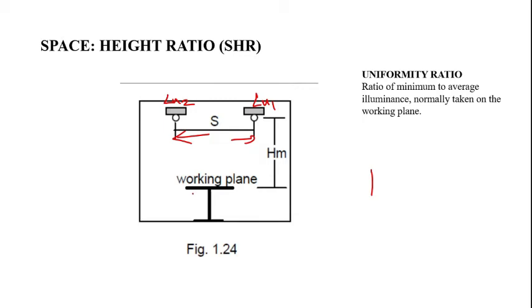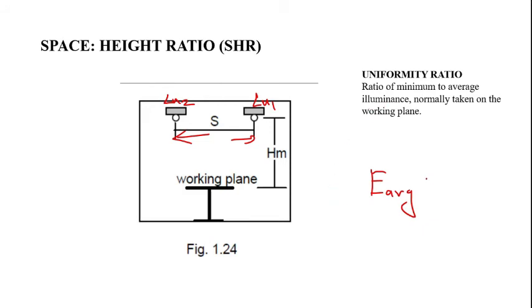So we will take an average of all these values of illumination at different points, and let it be E average, that means average illuminance, average illumination. Illuminance is nothing but illumination.